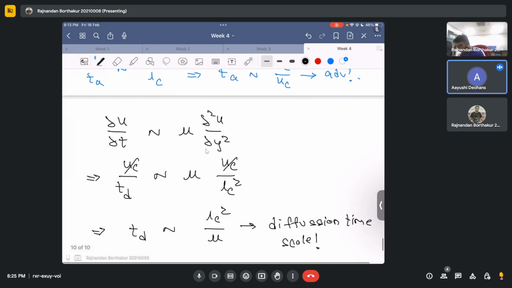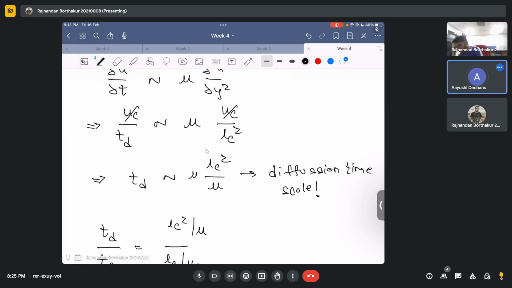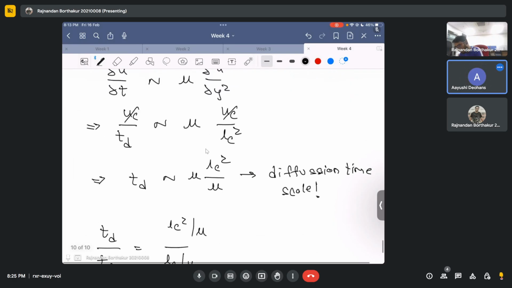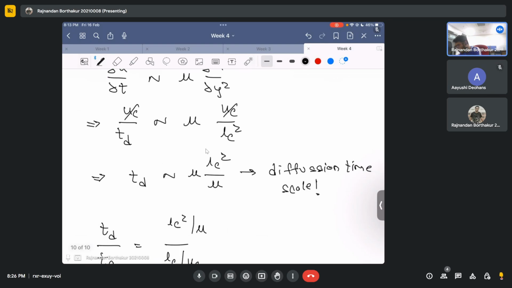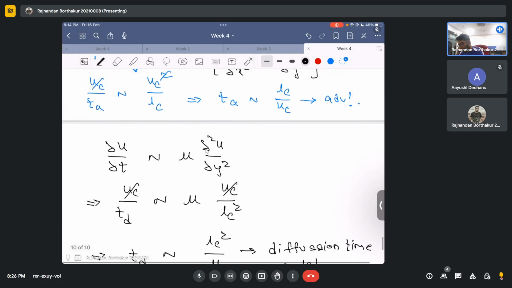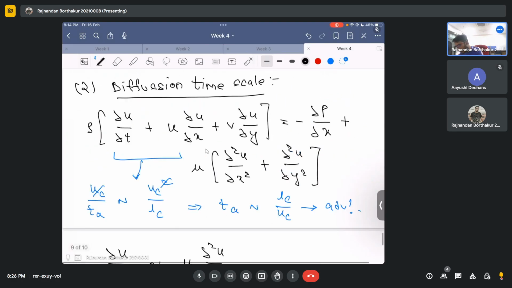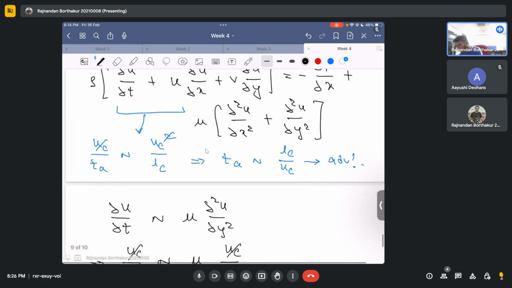Oops, I think I missed something. Sorry. So the diffusion time scale is what? There should be a rho here, right?